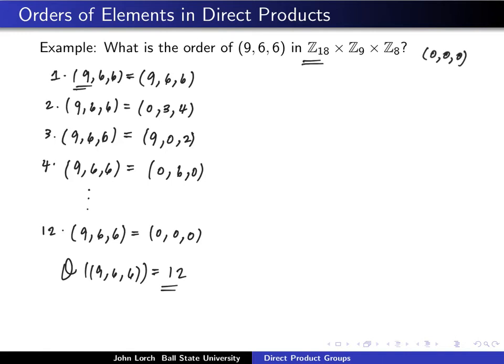Z18, Z9, and Z8. And in order to make all of these components roll around to zeros, like we did here, you would expect that the order, this number 12, should be some kind of multiple of the order of the component elements.